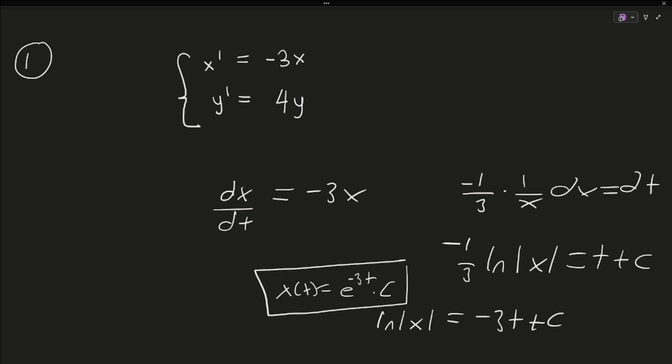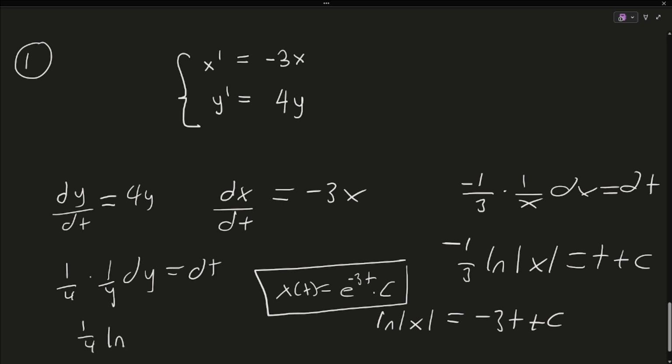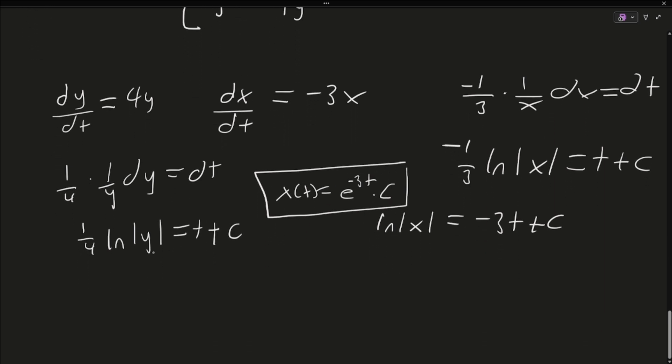Okay, so this is the first solution, and for the second solution, we're going to use the same method, dy over dt equals 4y, and we will know that 1 over 4 times 1 over y dy equals dt, and 1 over 4 ln of y equals t plus c. Therefore, ln of y would be equal to 4t plus c.